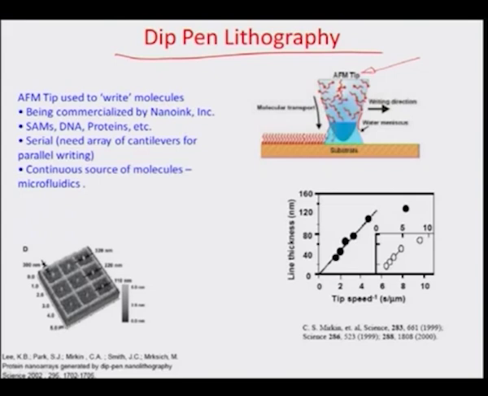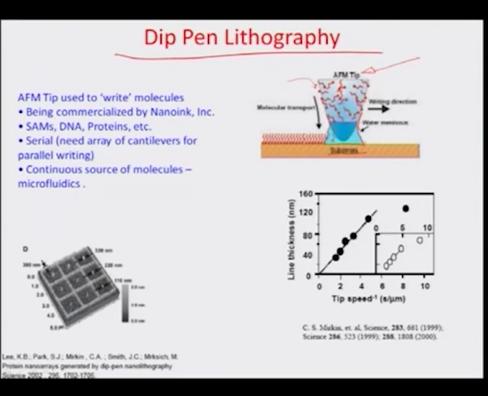And this layer is used for transporting molecules which you can deliver microfluidically onto the surface of this AFM tip, and it flows by virtue of electric field or some other means, and then once it goes into this small water meniscus, it automatically gets transported and can get imprinted or deposited on the substrate.